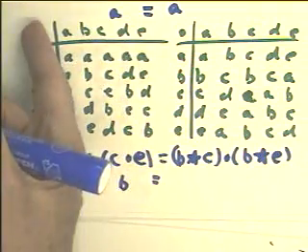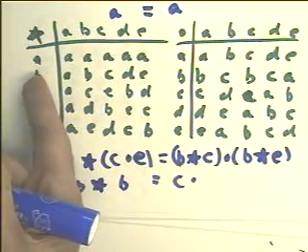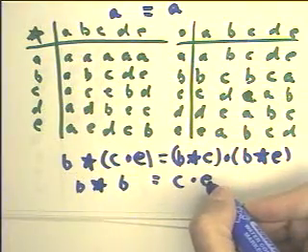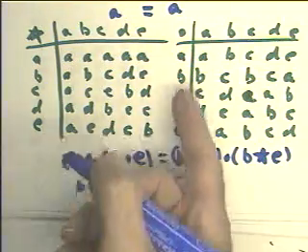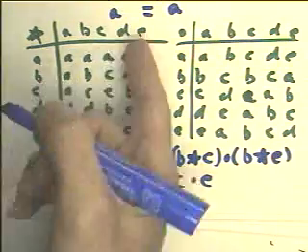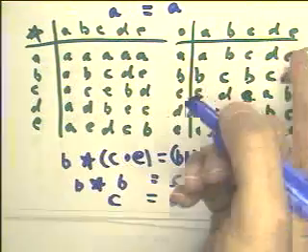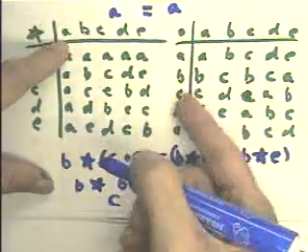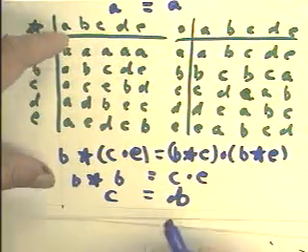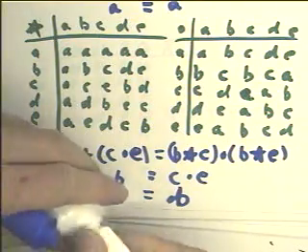Okay, now B star C is C dot B star E. B star E is E. B star B gives us C, and C dot E gives us D. I'm sorry, C dot E gives us B, not D. We'll change that into a B with the magic of whiteout.